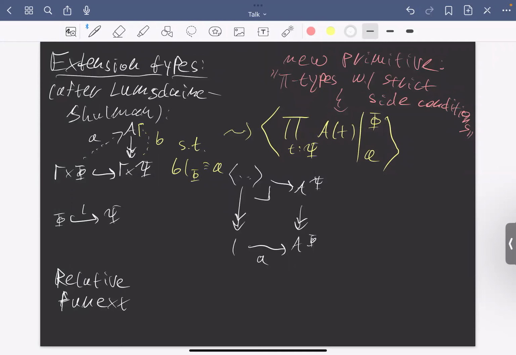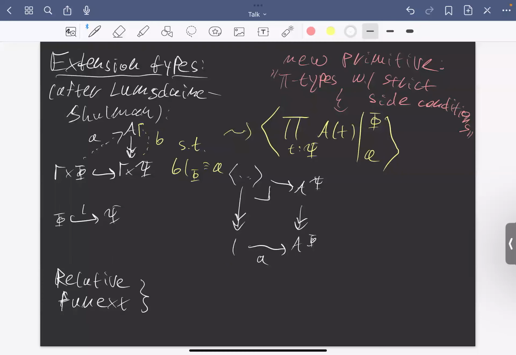And why is this important? It is important because it allows us to compute a lot of stuff with the extension types and to give a lot of equivalent ways of describing types that are about the interaction between the other type formers, sigma and pi, with the extension types and the identity types also.